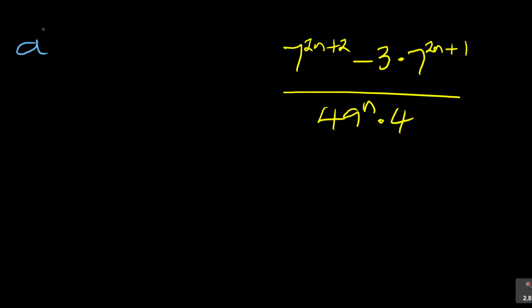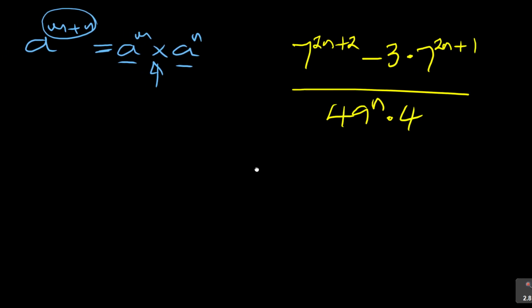If you say a to the power of m plus n, do you agree with me that this is a to the power of m times a to the power of n? Remember, if I'm adding, I multiply. This is splitting it apart.